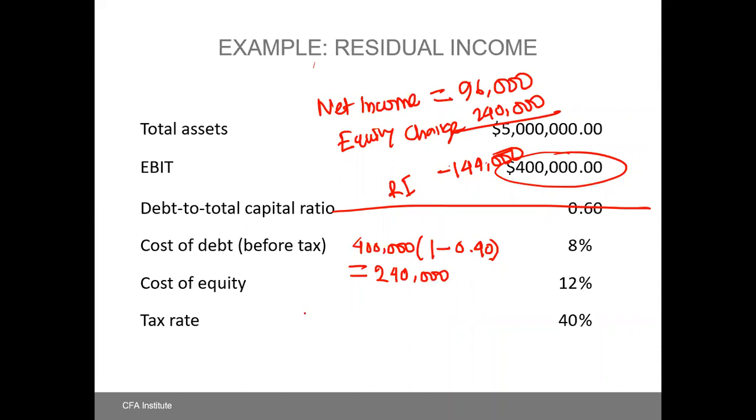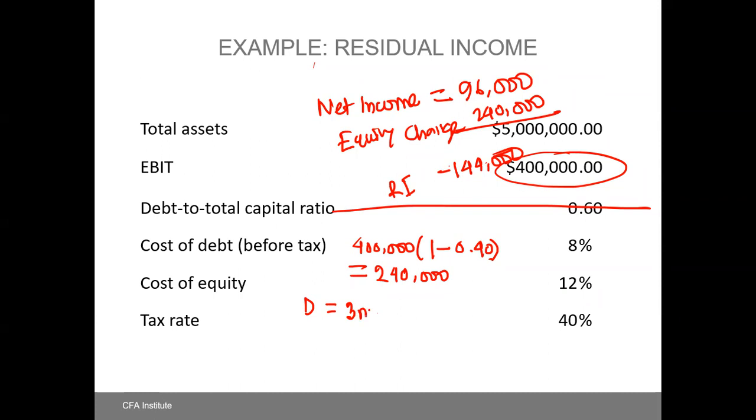Okay, now we have to calculate the capital charge. So let's start with debt capital charge. You already calculated the debt capital charge, but now you have to come up with the debt capital charge after tax. So what amount is our debt? 3 million, right?